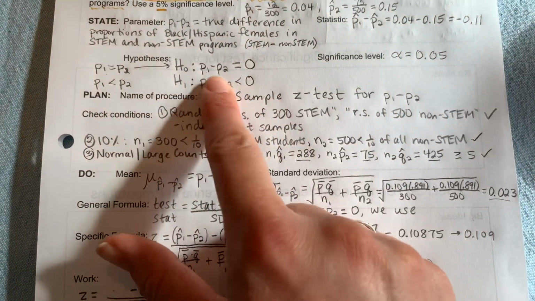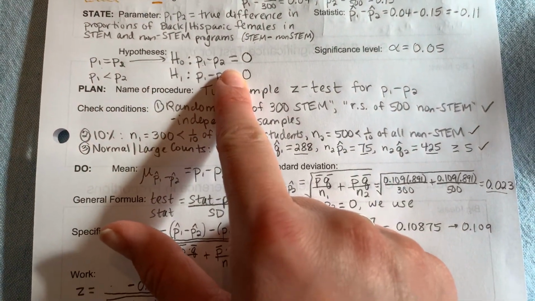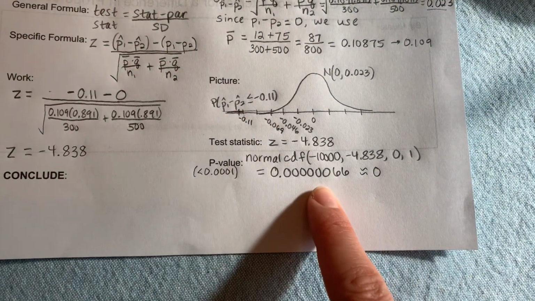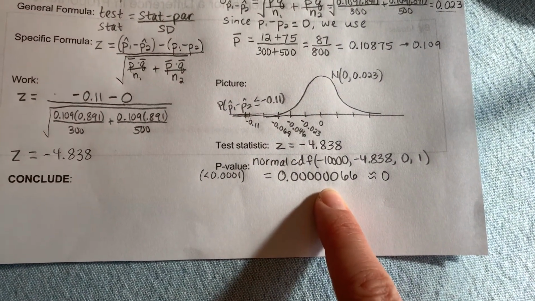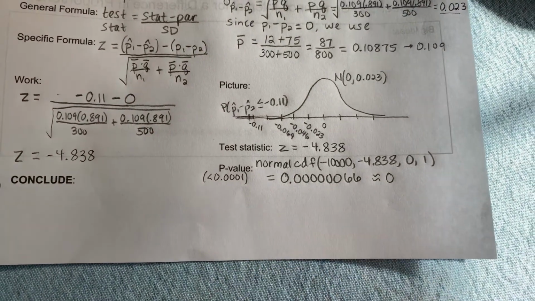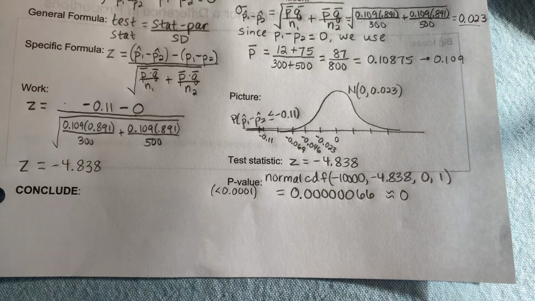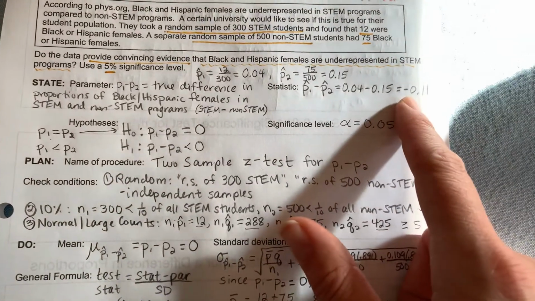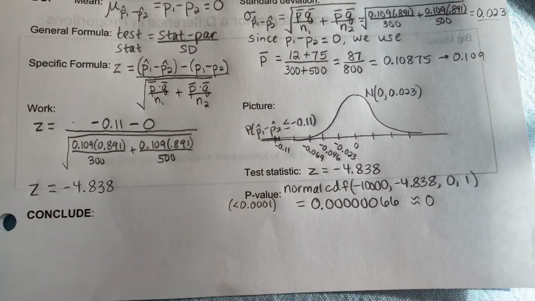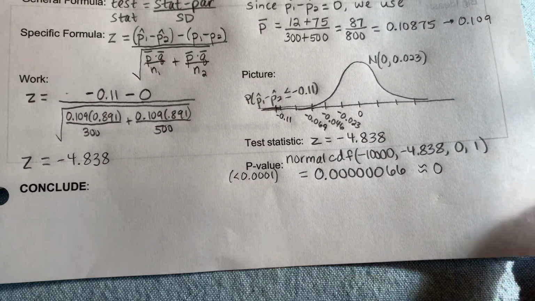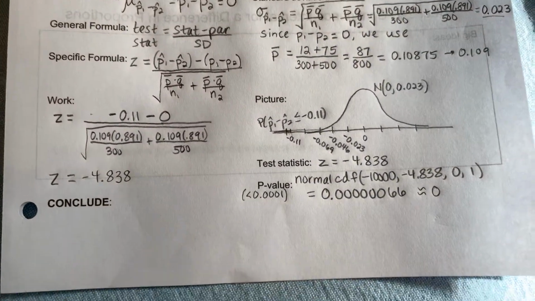So assuming there really is no difference between the 2 population proportions, then about this proportion of the time. So if I were to convert this to a percentage, it would be what? 0.000066% of the time. We get a difference in sample proportions of negative 0.11, or more extreme, right? Or more this way. That's so rare. We're definitely not believing that that original assumption can be true.